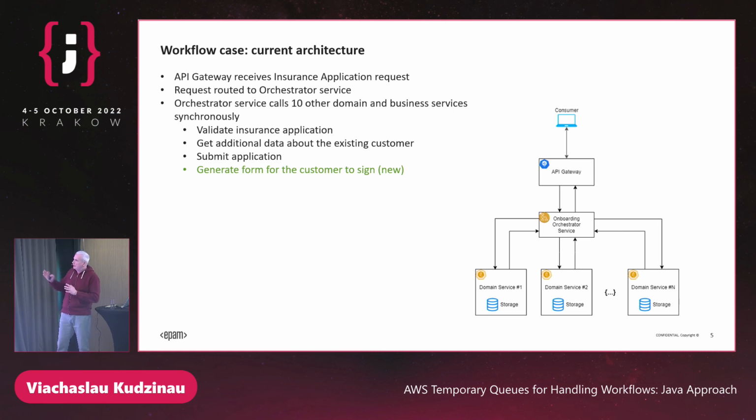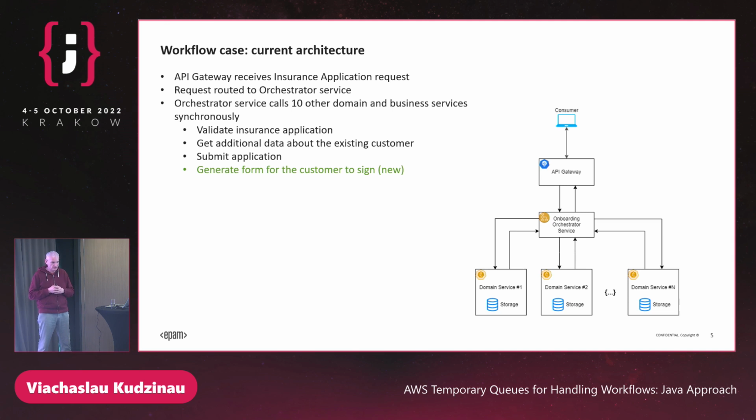The API gateway receives requests, and then it routes to our onboarding orchestrator service, and the orchestrator service calls 10 other domain services and business services synchronously to do certain steps which business architecture suggests to us.